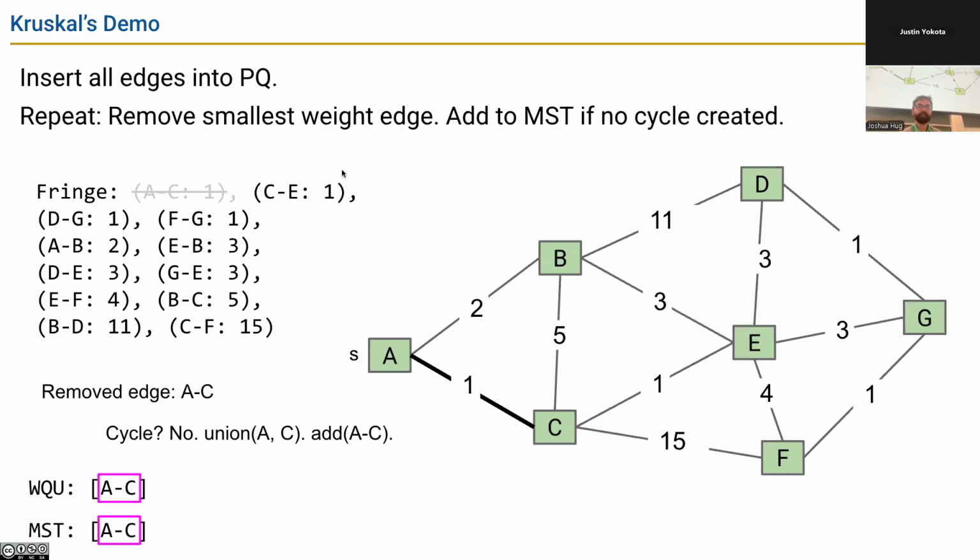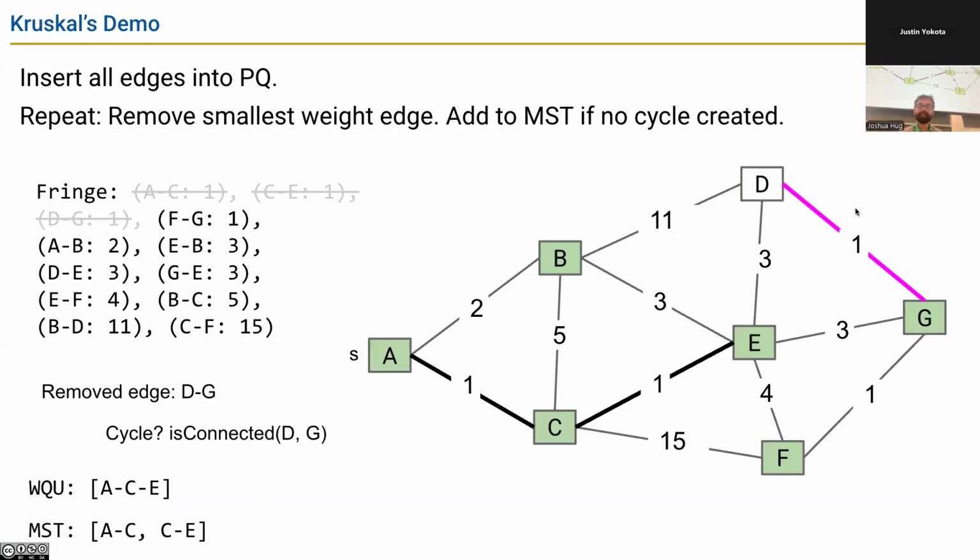Next is CE. Are these connected yet? No, so let's add them to the weighted quick union and the minimum spanning tree. Next, we consider D and G. Are these already connected? No, only A, C, and E are connected. So we connect D and G, and the minimum spanning tree has D and G in it.